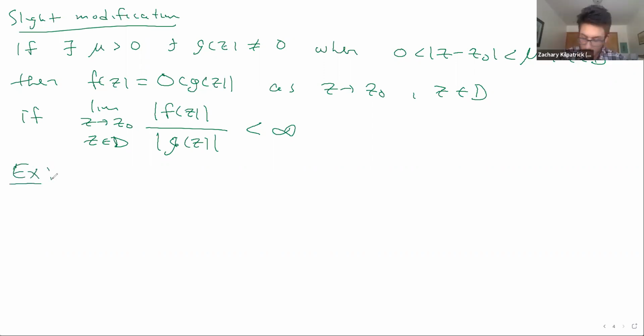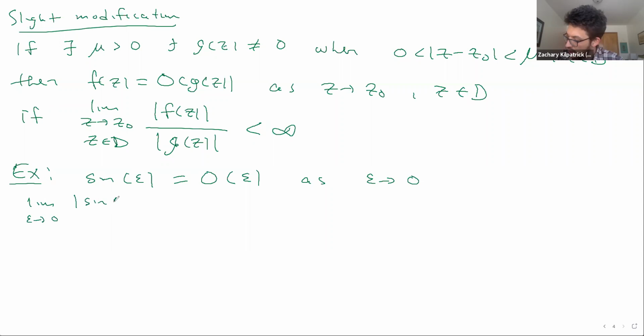So let's take an example. Sine of epsilon is order epsilon, as epsilon goes to 0. How could we show that? Well, if we take the limit as epsilon goes to 0 of the absolute value of sine of epsilon over the absolute value of epsilon, then we have the limit as epsilon goes to 0 of just a Taylor expansion, and so on and so on.